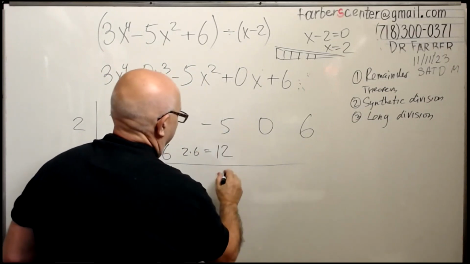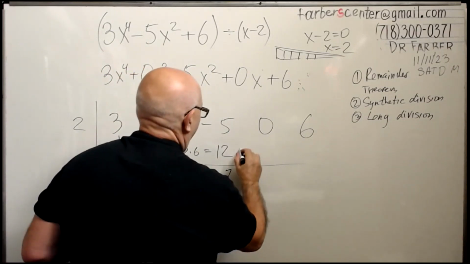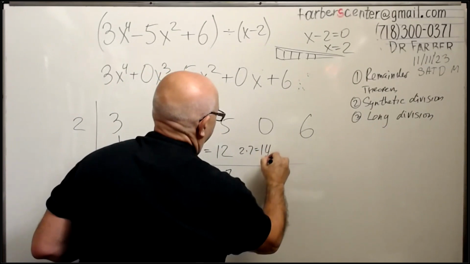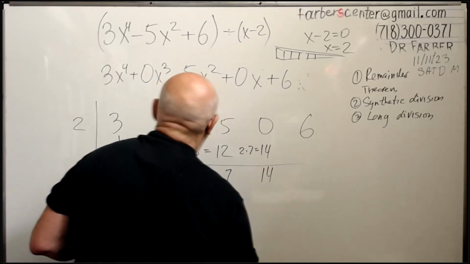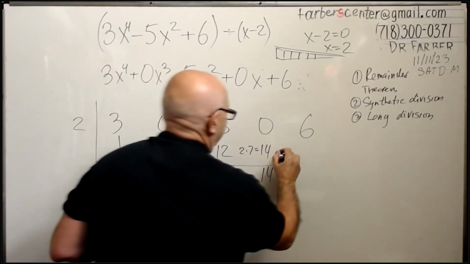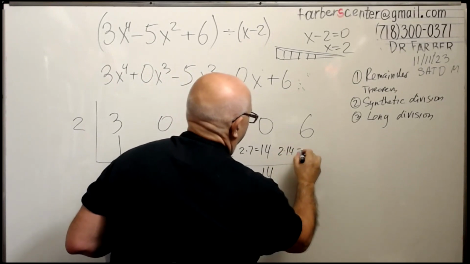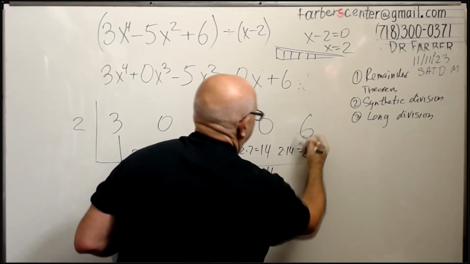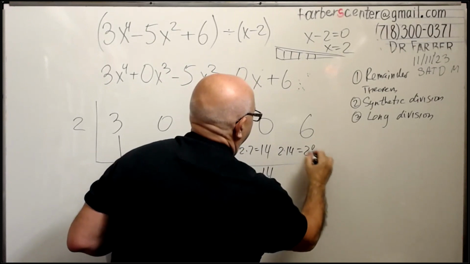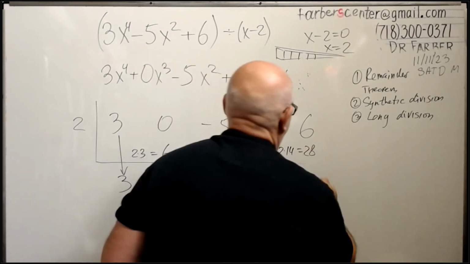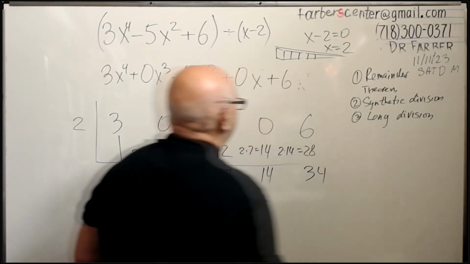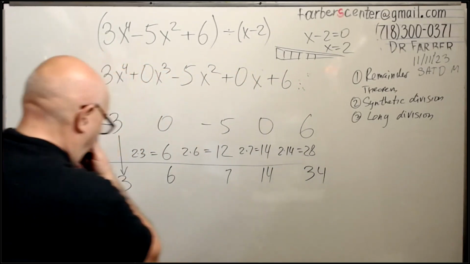Add them up, 7. 2 times 7 is 14. 0 plus 14 is 14. 2 times 14 is 28. 28 plus 6 is 34. Like a piece of cake. Okay.